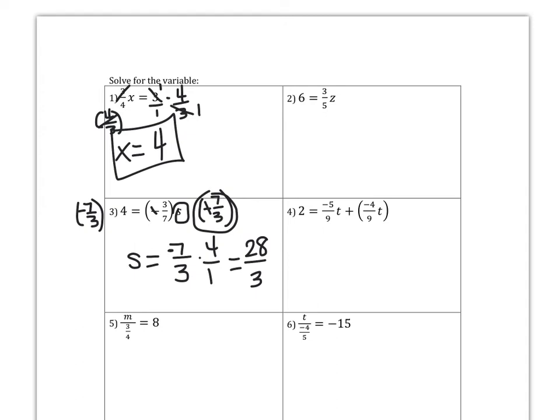There we go. It's really easy to lose your negatives when you're working these problems, so you have to be careful to bring it with you. And so then I turn that into a mixed number for the final answer, and 3 goes into 28 9 times, and then there's a 1/3 remainder.